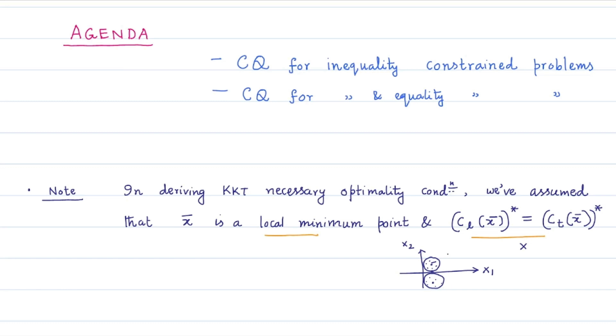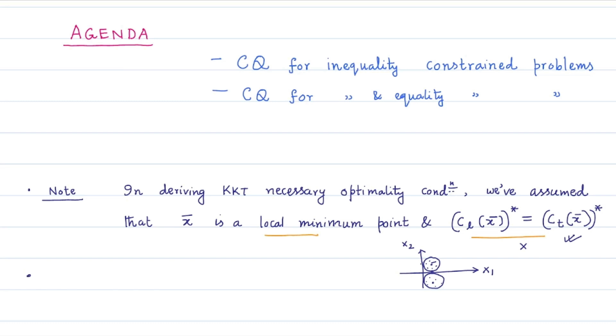Therefore, even if the given constraint optimization problem is a convex optimization problem, it is not necessary that at the point x bar, which is a local minimum point, the KKT necessary optimality condition is satisfied, unless a condition similar to this is satisfied.